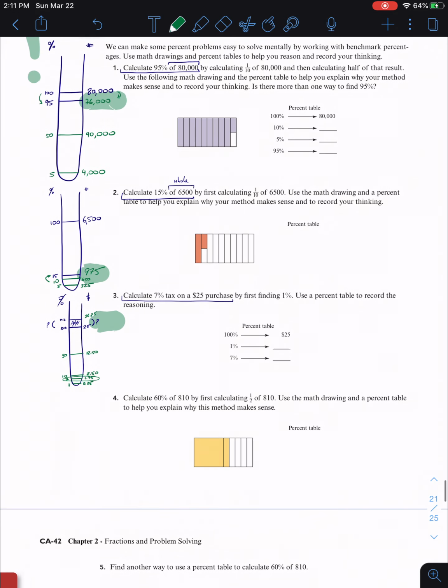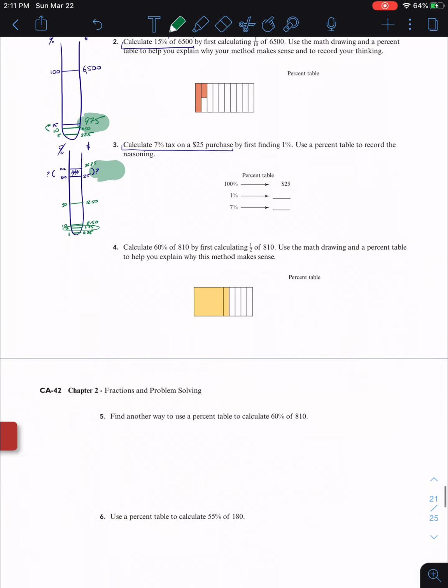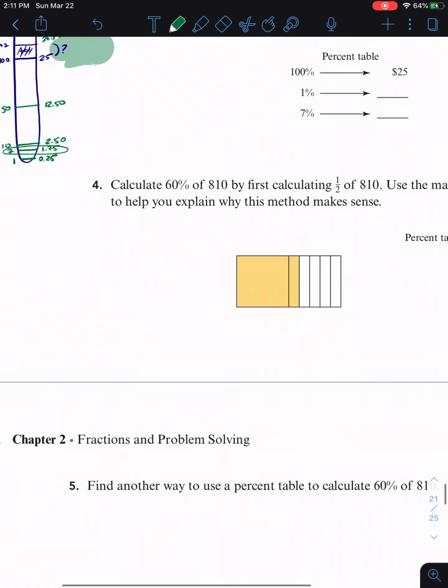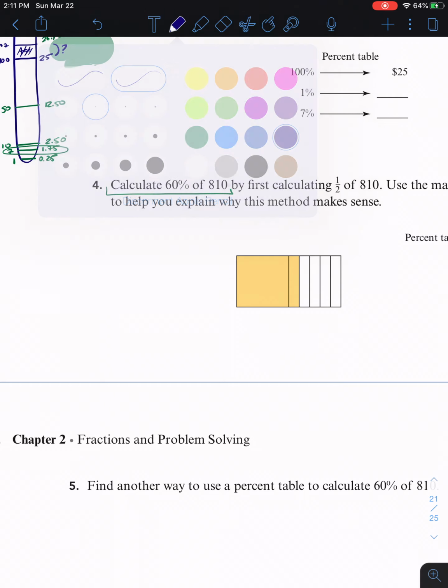So you see that for all of these percent thermometers, we're using the information that's given to us to plot it on the percent thermometer, figure out what it is that it's asking us, and then use our number sense and partitioning to figure out what that value is. So let's do the last problem on this page. So it's asking us to calculate 60% of 810. And I'm not going to read the rest.